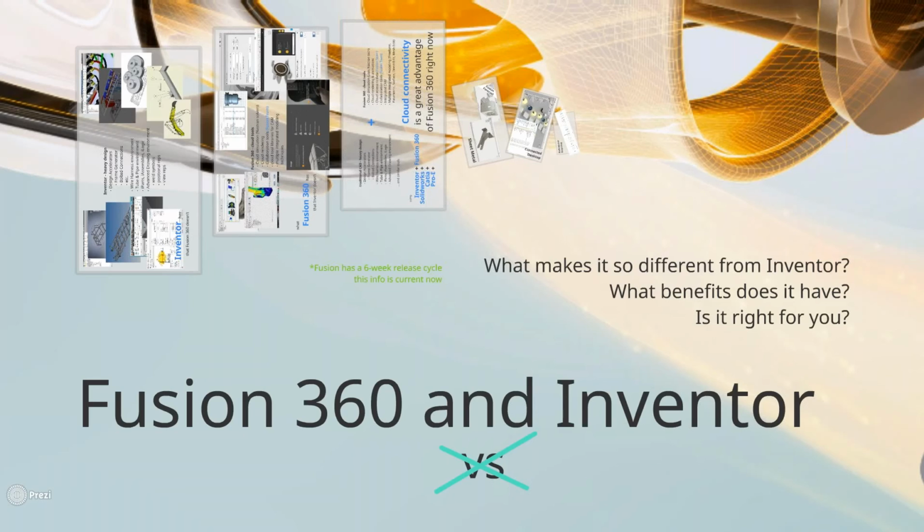But I will say Fusion has a 6-week release cycle, so it is very quickly getting up to date and growing in complexity and capability. So is it right for you? That is up to you to decide. Definitely worth keeping an eye on though and seeing where Fusion goes and how it continues to grow.